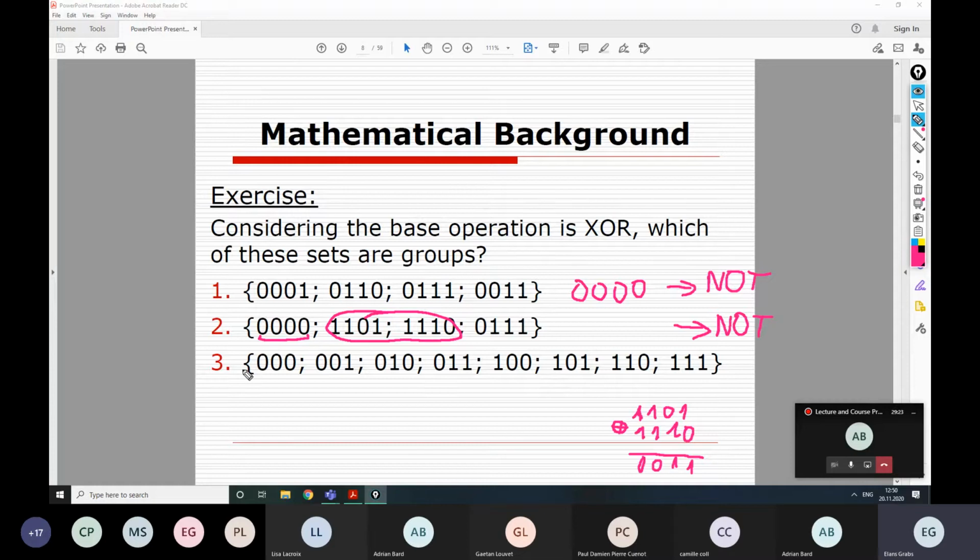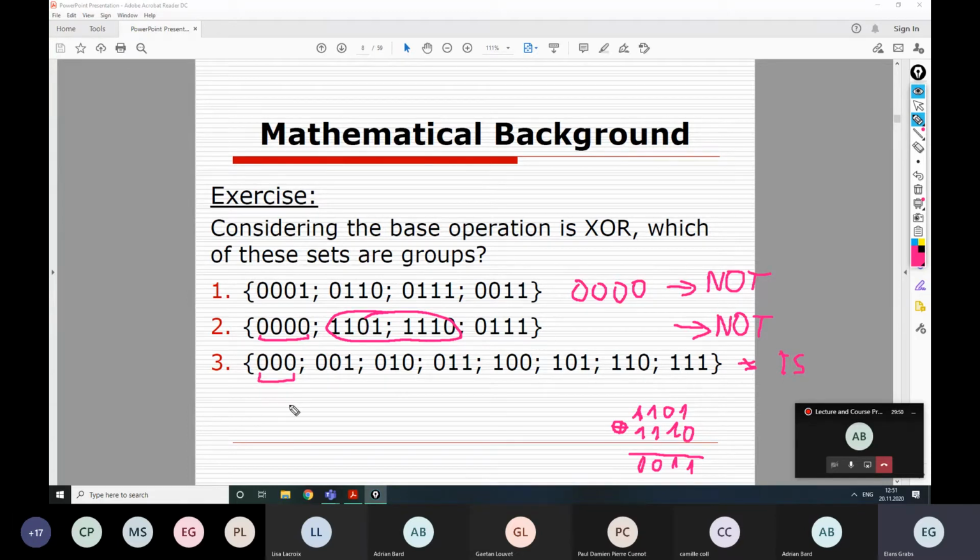The last one, however, is a group. It is because it contains all possible numbers from 3 zeros to 3 ones. There is nothing else to be imagined here. It contains the 0 element, and if we add up any two of these elements, we would inevitably get something from these 8 numbers.